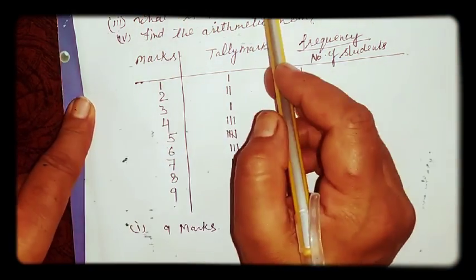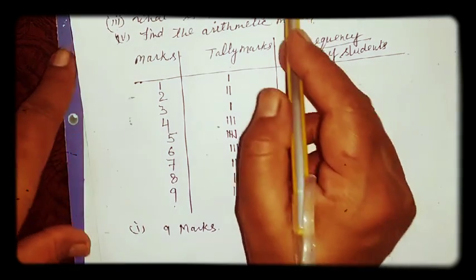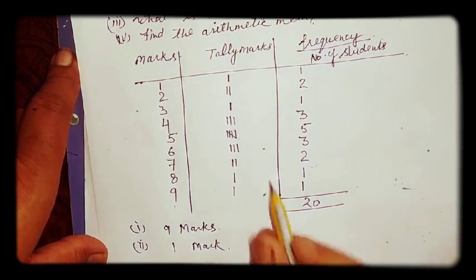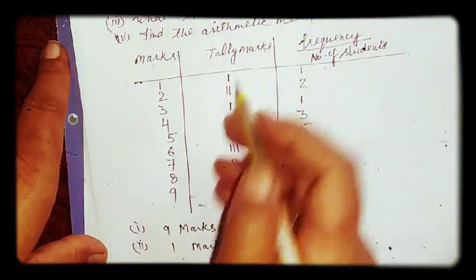Which number is the lowest? Means सबसे कम marks कौन से हैं? That is 1 mark. That is 1 mark is lowest. And what is the range?